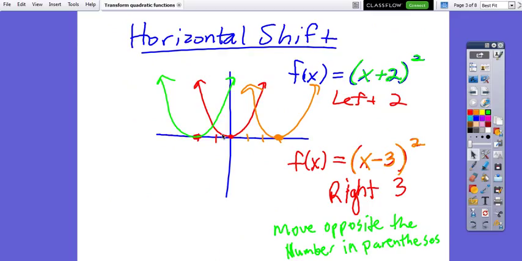So when we see x plus 2, we're going to move our graph to the left 2 units along the x-axis. Whereas if I see x minus 3, or x minus anything, we're going to move to the right 3 units. So you can see the orange graph is to the right 3 units, and the green graph is to the left 3 units. In other words, we're moving in the opposite direction of the number that's in the parentheses.